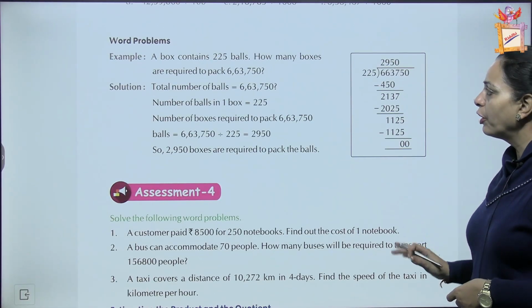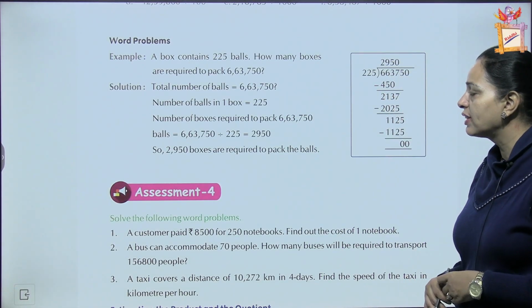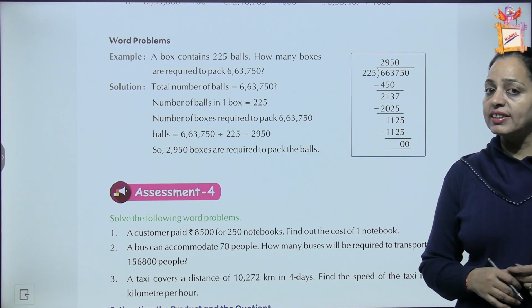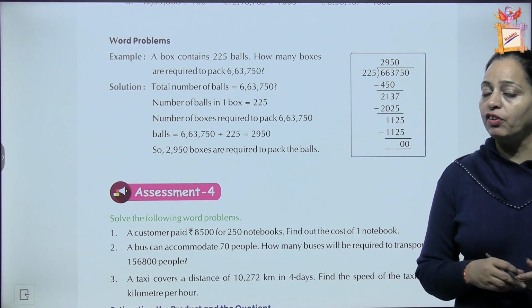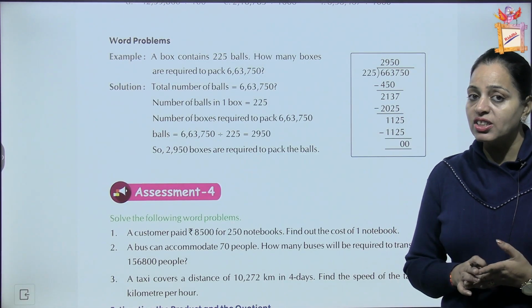The next is word problems. Example, a box contains 225 balls. How many boxes are required to pack 6,63,750 balls? So to pack this many balls, how many boxes do we need?